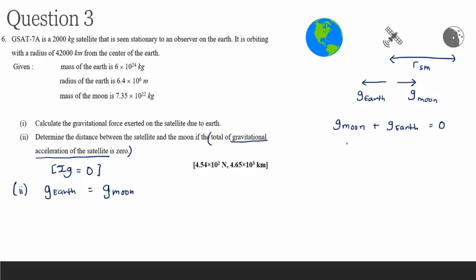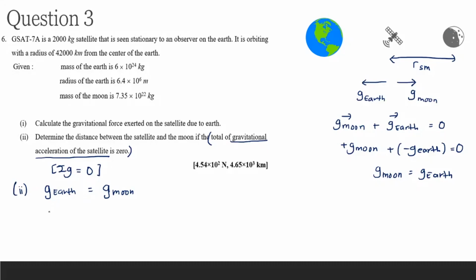So G Moon ialah positive, G Earth negative. So bila kita calculate, kita akan dapat G Moon is equal to G Earth. That's why I said they are equal, from the fact that total gravitational acceleration of the satellite is 0.